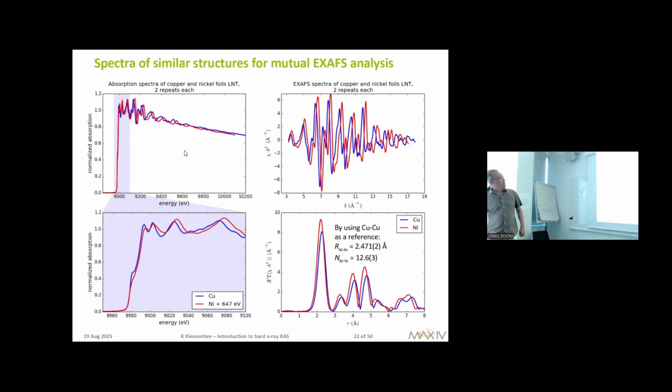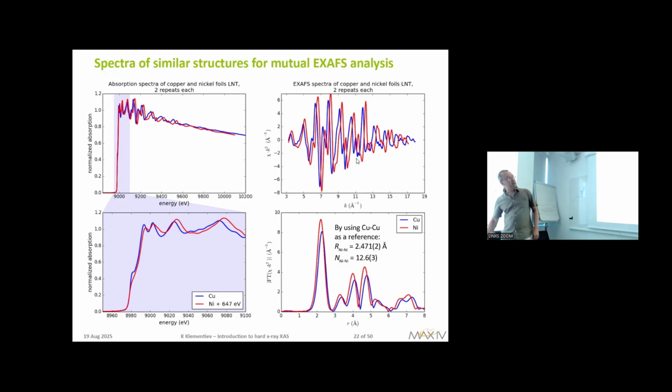To see how they overlap. The edges are very similar, but I want to analyze EXAFS. And we see it's also very similar, just the frequency is different. Our frequency, remember from the formula, is double distance. So the distance in nickel is slightly shorter, so the frequency we see is slightly less.